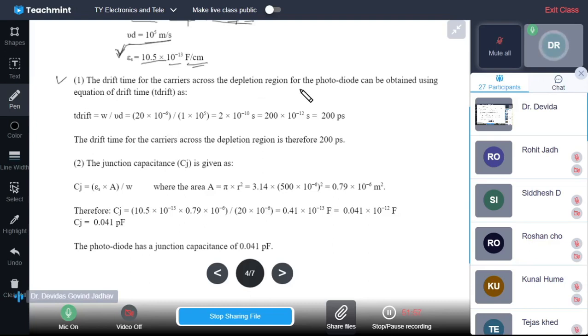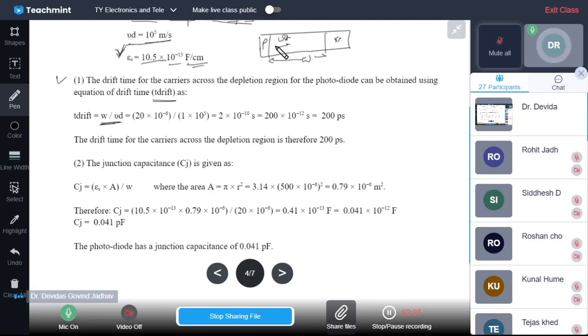T drift for the photodiode can be obtained using the equation of drift time: T drift is W upon Vd. Suppose this is P and N, and this is the depletion region having width W, and the electron is moving with velocity Vd.